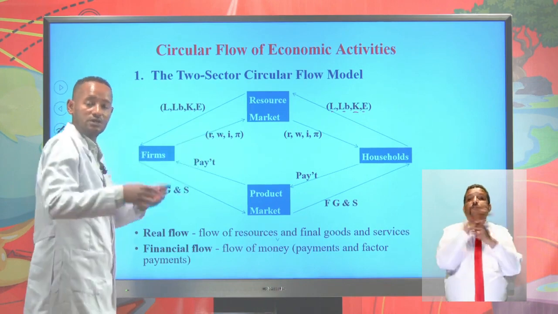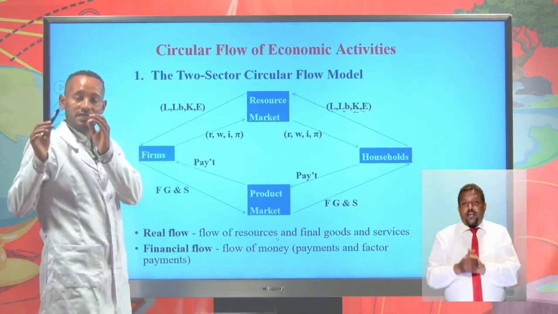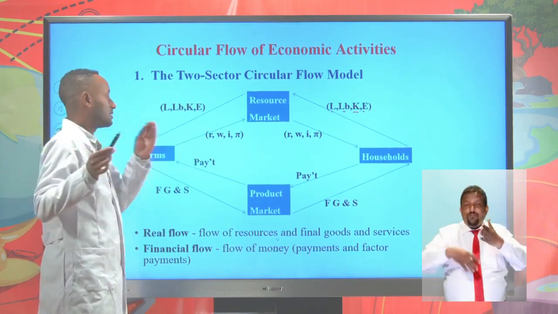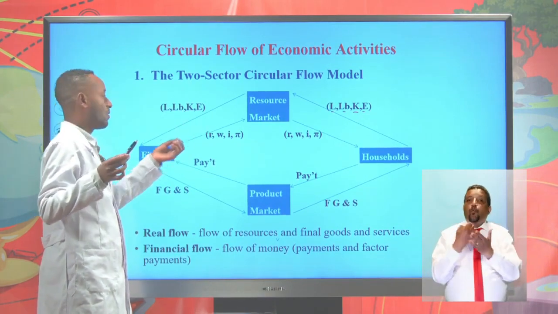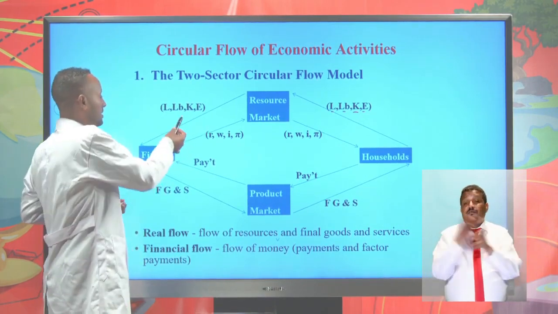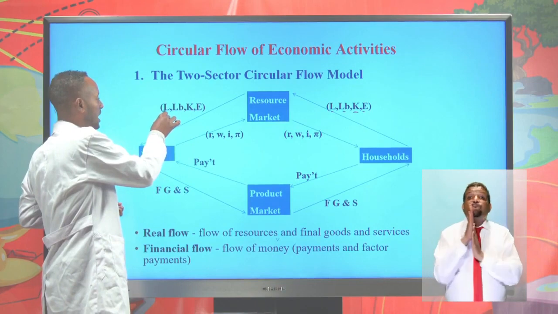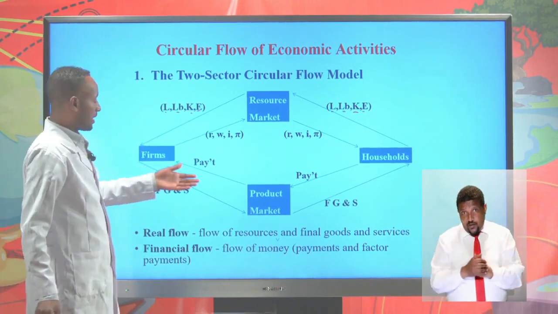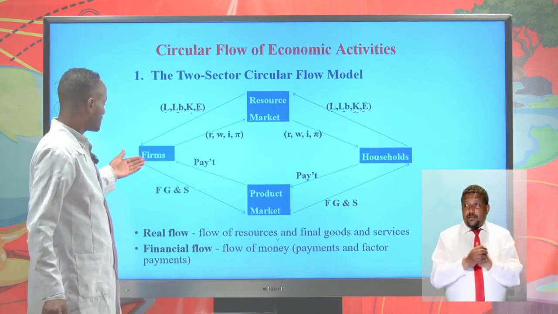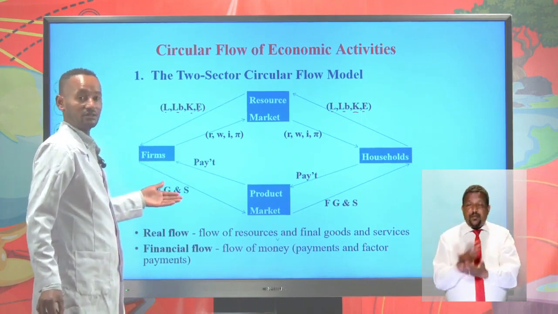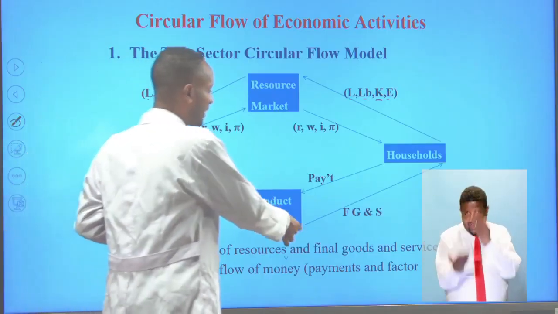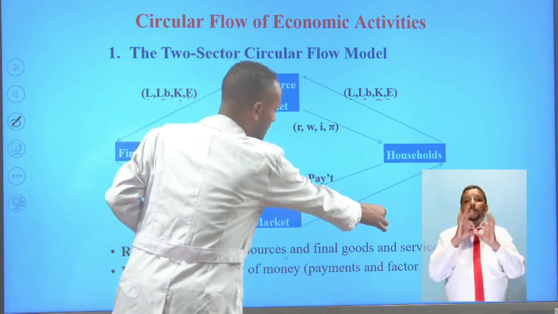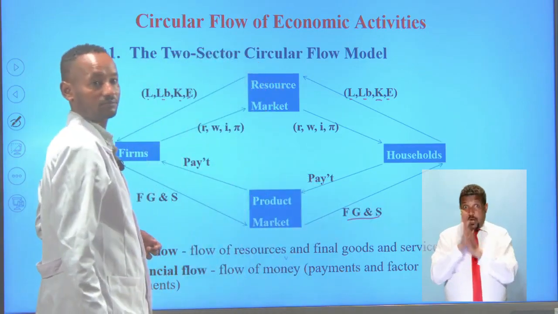In order to produce the outputs, final goods and services, firms need these economic resources. So, firms are demanders of land, labor, capital, and entrepreneurship. In the product markets, firms are suppliers of final goods and services. And in the product markets, households are demanders of final goods and services.